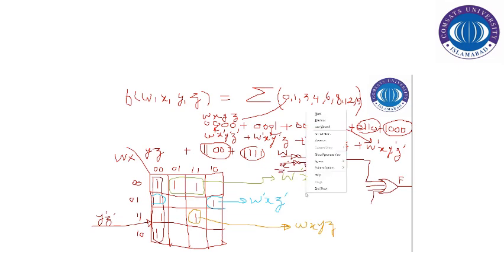We can also represent that in order to avoid the mess here, as W prime, X prime, and Z being applied at this AND gate.